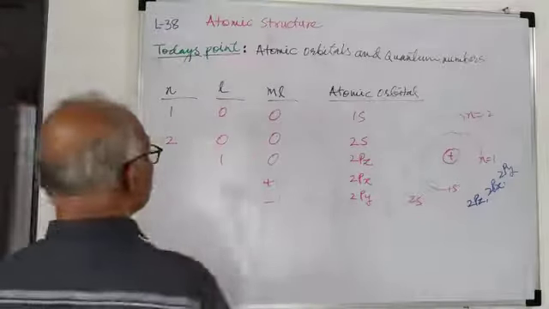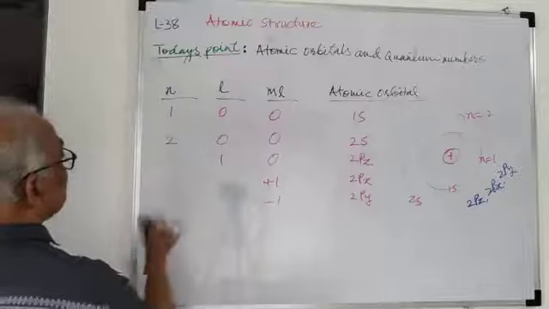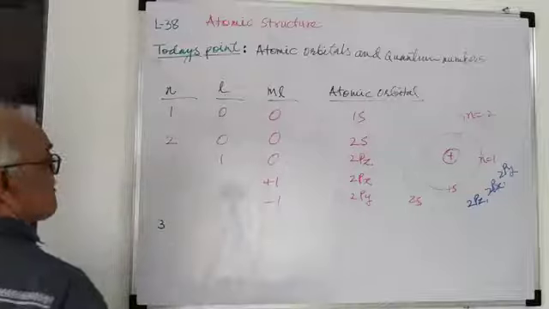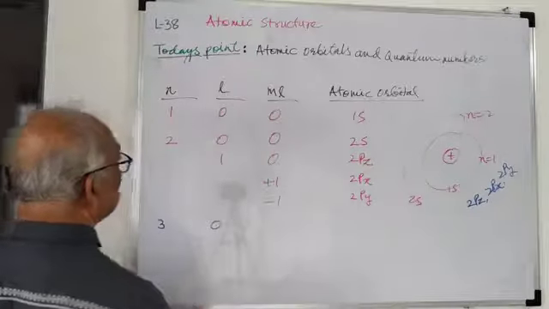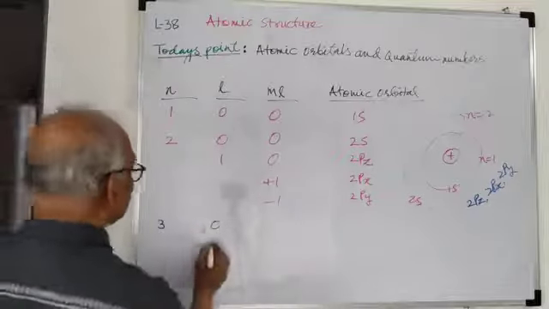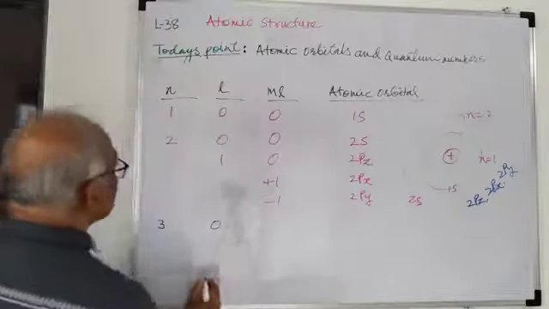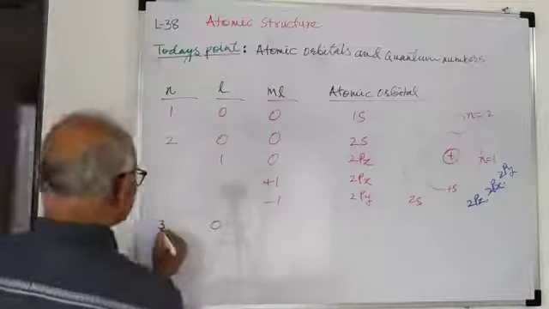Then we will go to the next quantum number. When n is equal to 3, the l value is 0, and l goes from 0 to n minus 1, means up to 2.